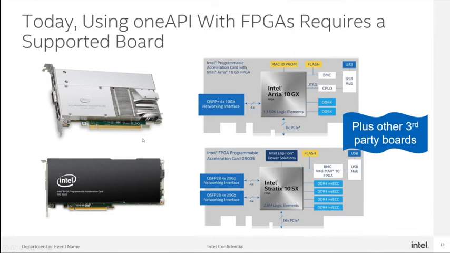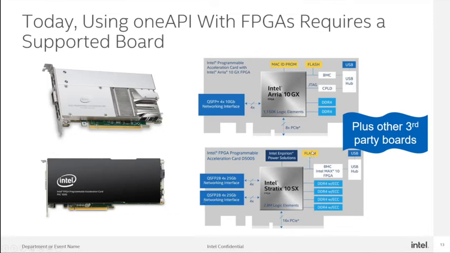So Intel has two Intel branded boards that support oneAPI. One is our Intel Programmable Acceleration Card that has an Arria 10 on it, and one is the next kind of uprev of the programmable acceleration card, the PAC D5005, and that has a Stratix 10 on it. And both of these are installed in the DevCloud.